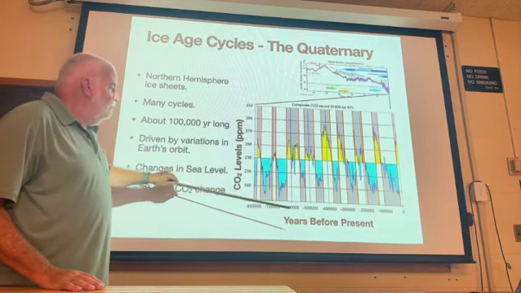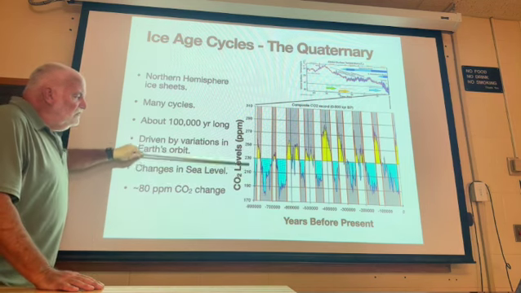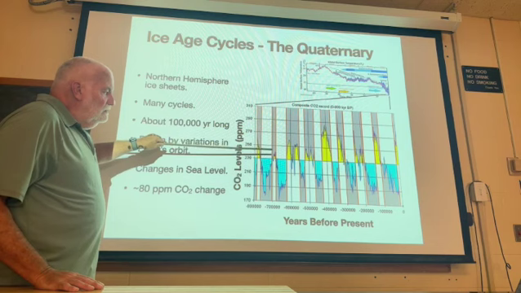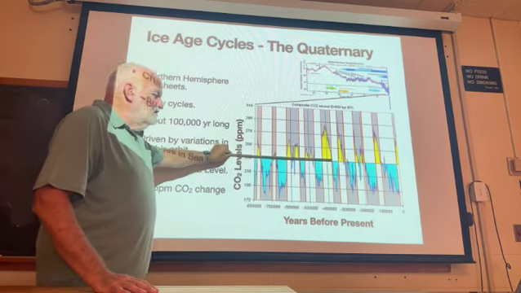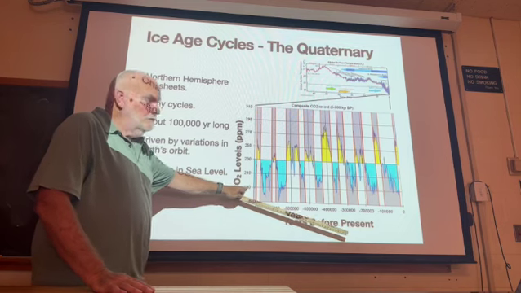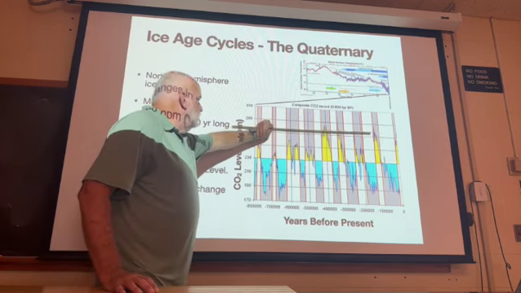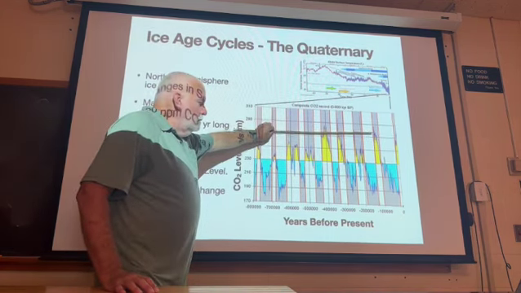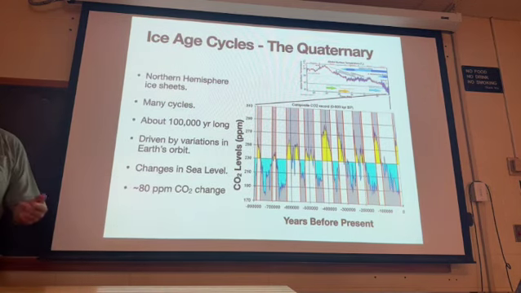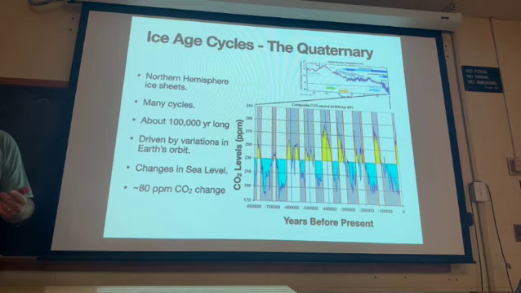And the general point is that this is CO2. They've identified sort of an average, just for chuckles, but there are low values of CO2, 190, and higher values, about 280. And what you see in the CO2 levels is they keep bouncing back and forth, not in exactly a systematic way, but up, down, up, down.